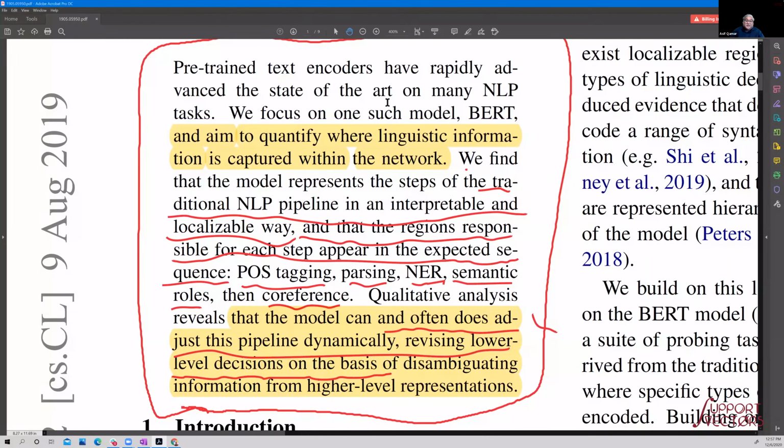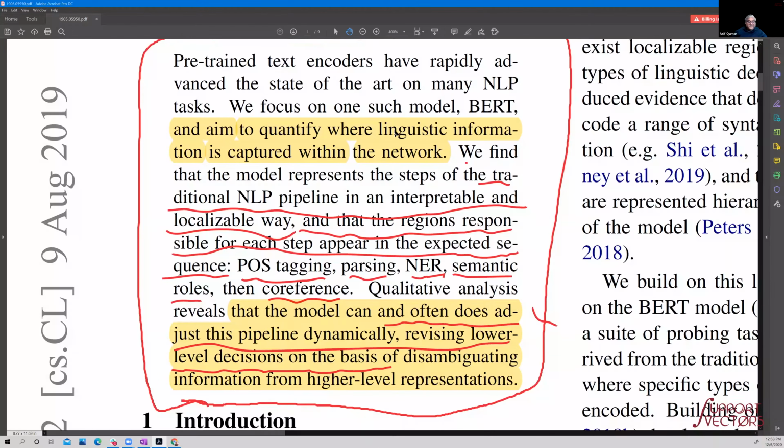What will part of speech tagging and named entity recognition do? They will push it towards being a city, a geopolitical entity. But the later layers, which begin to understand the meaning of the sentence, will revise that understanding and say, no, it is actually a sports team, right? It's an organization, not a geopolitical entity, not a city. It's a team basically. So that is what they show in this paper.